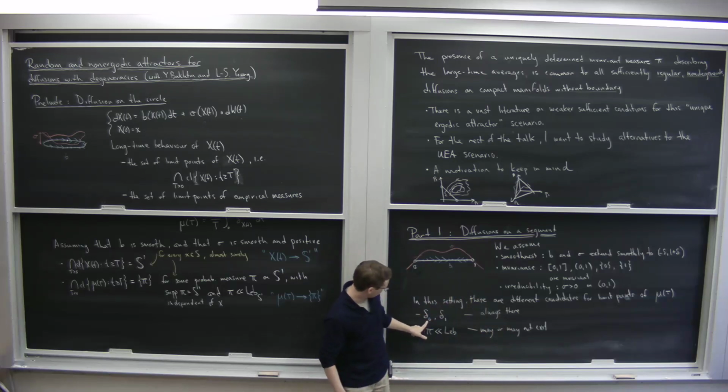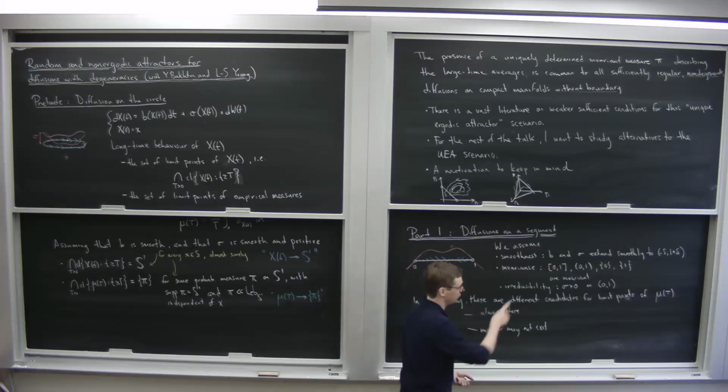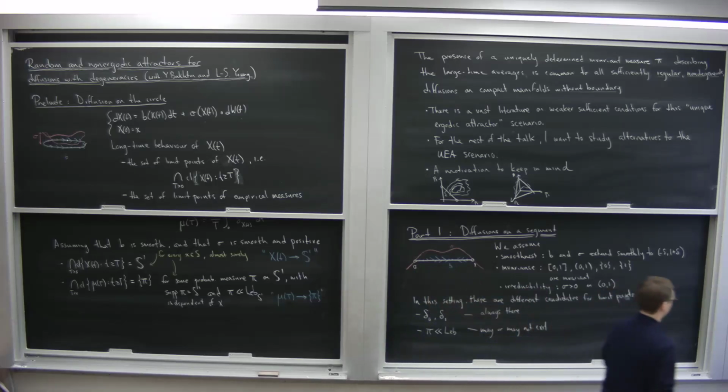So you can't really have your empirical measures converging to a Dirac at 0 or at 1. And you can show that such a measure exists, and there's going to be essentially the same picture in the case where the derivatives have these signs. So when the derivatives are positive at both endpoints, there exists pi, absolutely continuous with respect to Lebesgue.